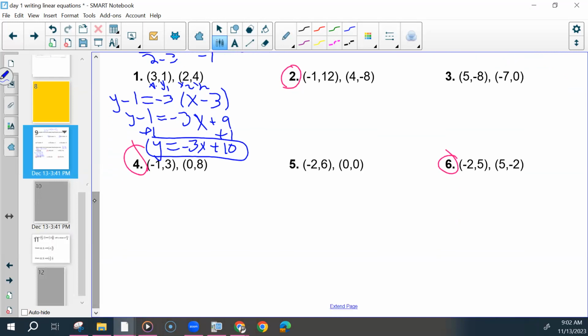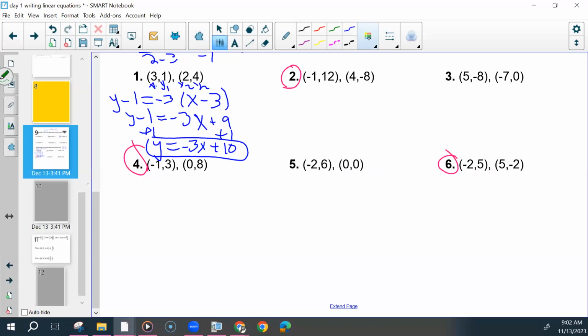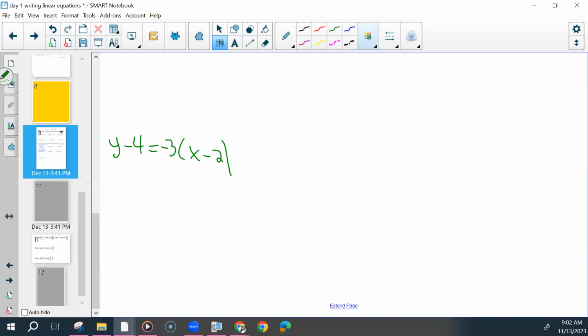So this is the end, but I'm showing you that the other one also works. So let's say we found our slope here, that's still step 1, but instead of using the first point, I use the second point. That would be y minus 4 equals -3 times x minus 2. And you would do the same process, distribute and add 4 to both sides.